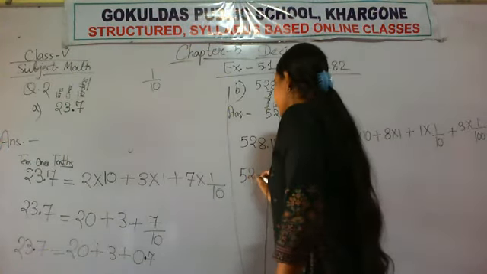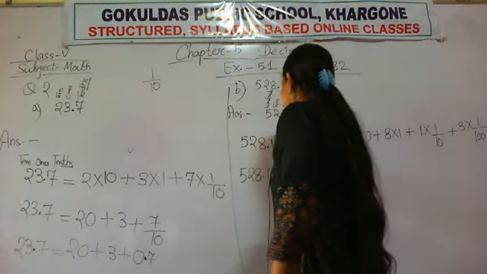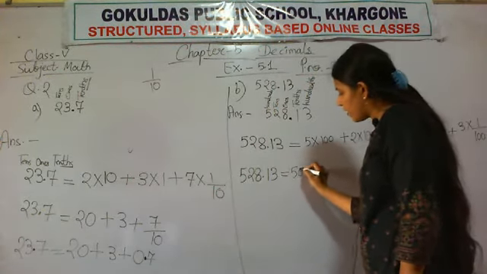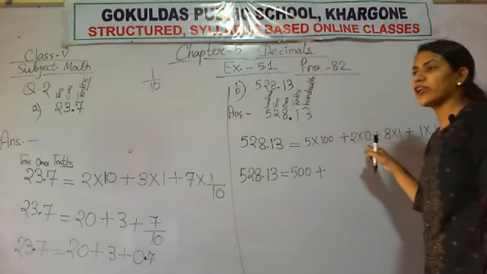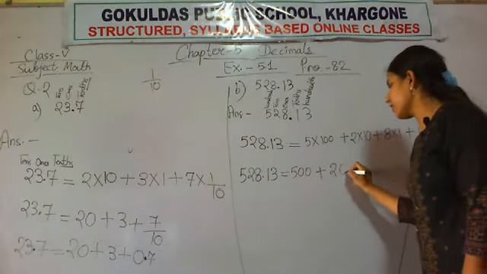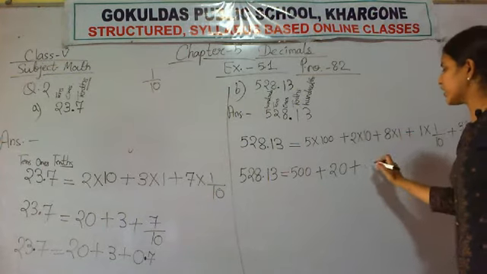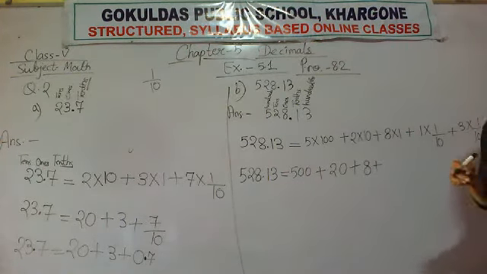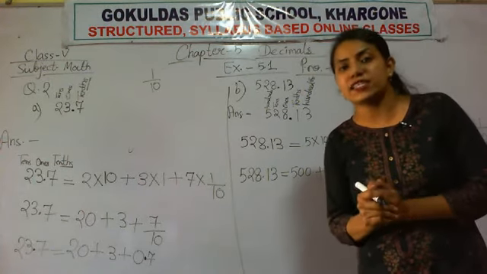Now 528.13 is equal to 5 into 100 is 500, plus 2 into 10 is 20, plus 8 into 1 is 8. Now 1 upon 10, I told you how we can write it in decimal form.